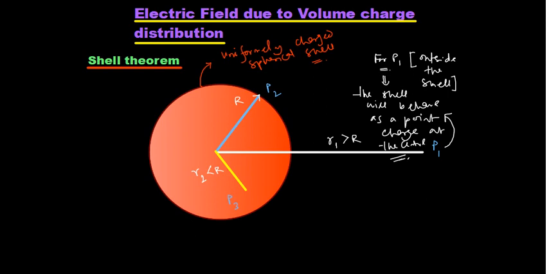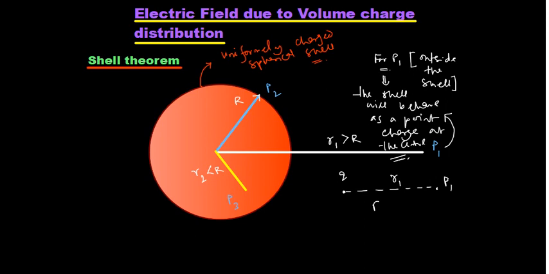That means if I draw the diagram for this P1 and the shell, this is the center. There I have kept a charge Q, and from this charge Q away there is a point P1 at a distance of r1 from the center.